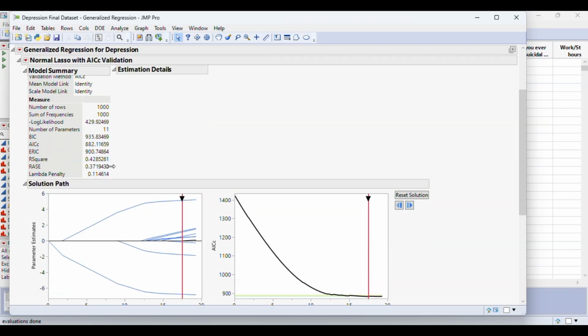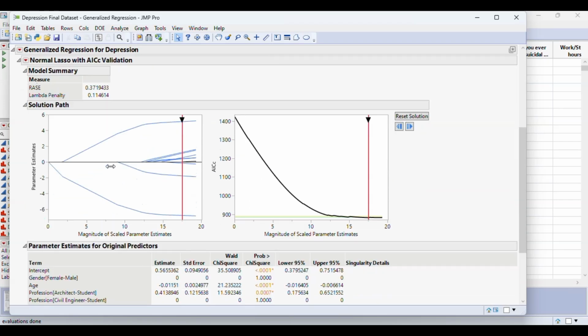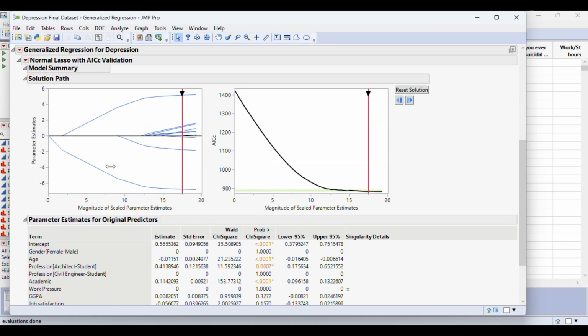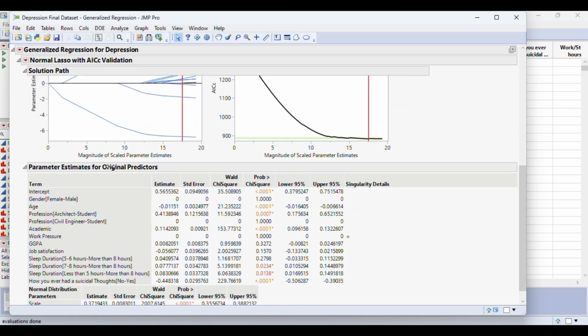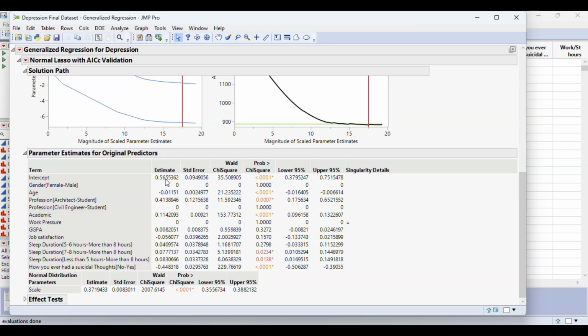This is the chart of the general regression. We find the standard error and chi-square. The important thing is the chi-square model, which finds the significant factors involved in the topic, like age, profession, academic and work pressure, job satisfaction and other things.